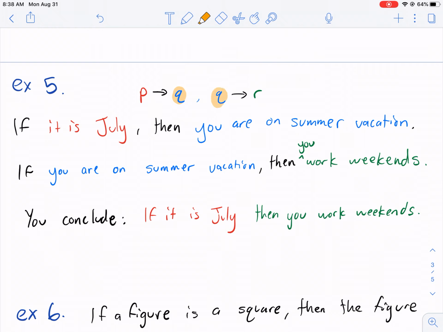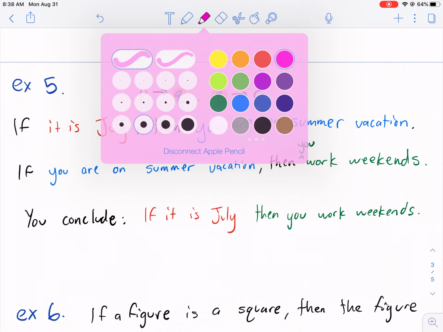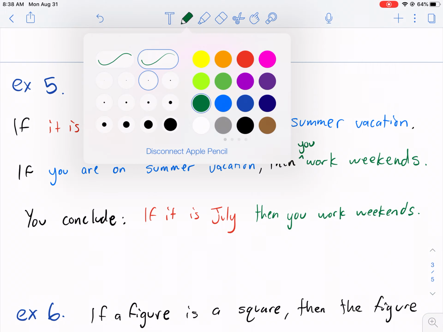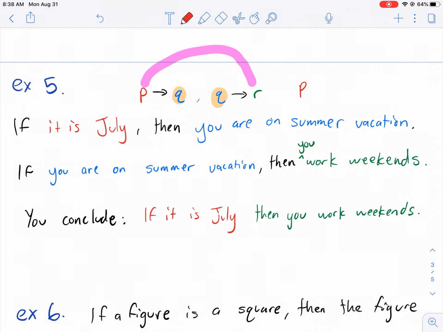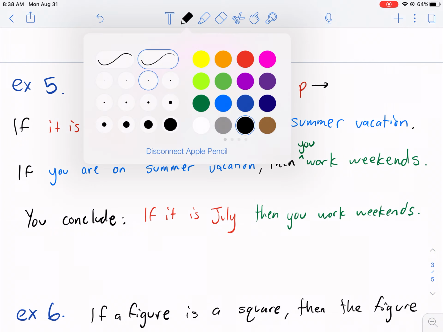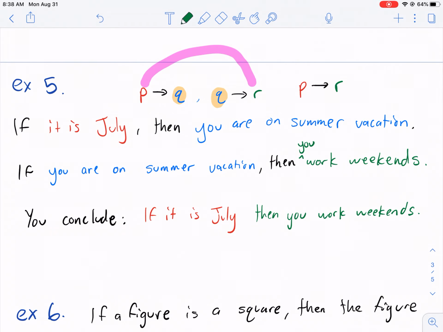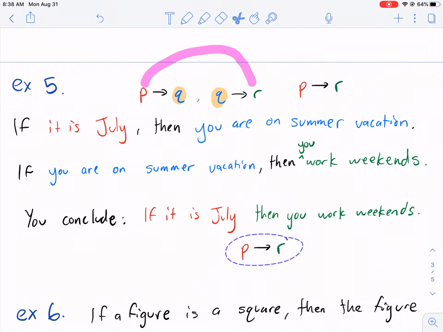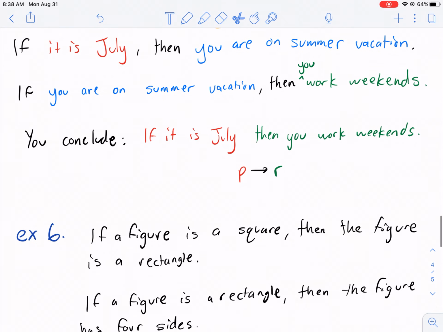Okay, that has to happen. And if that happens, then essentially you can bridge the gap here and connect these two ideas, which is what you do with that last statement. So P arrow R. And that's what we did here. We took this because it bridges it, and we can write a new statement that's also true.